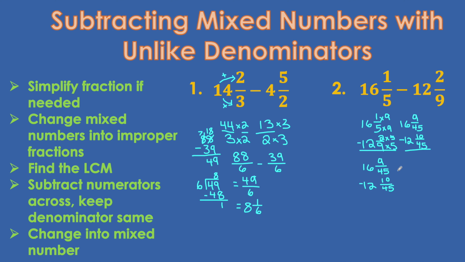Notice that you don't have enough for subtracting 9 minus 10 because we would subtract the numerators. So we would treat this as a regular subtraction problem. We don't have enough for 9 minus 10. We need to borrow 1 from the 16, this whole number here.